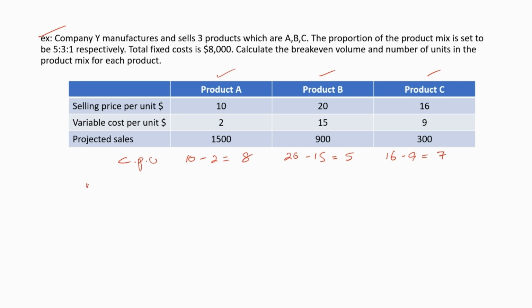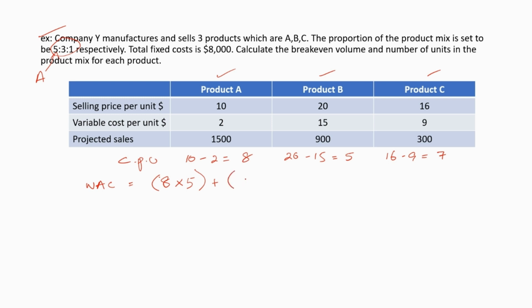Now let's calculate the weighted average contribution. So for product A, contribution is equal to 8 per unit multiplied by the number of units in the product mix. So this is the product mix 5 to 3 to 1. So there are 5 units of product A. So 8 multiplied by 5.